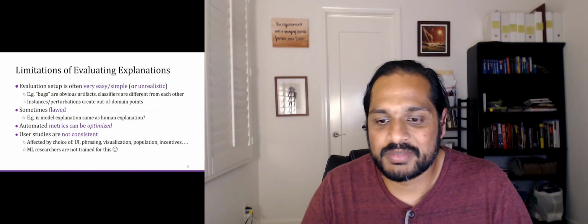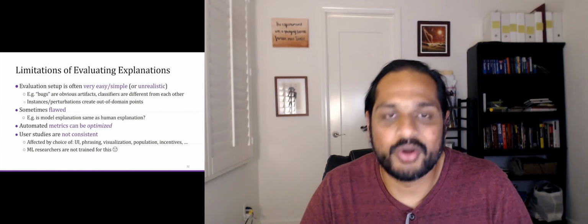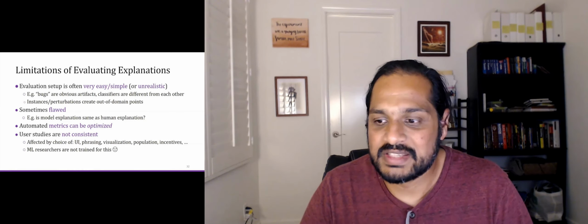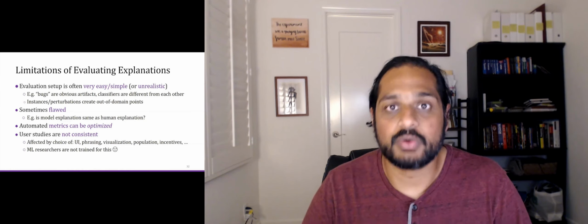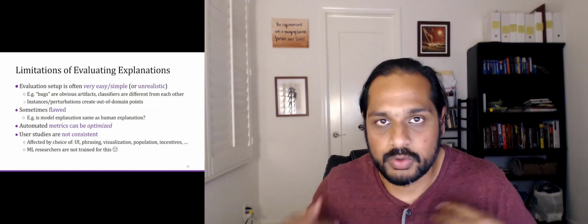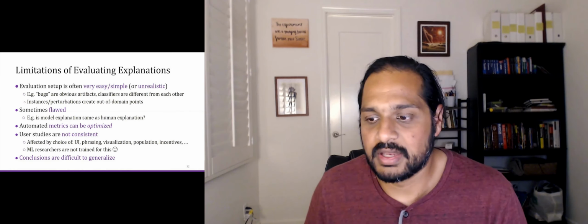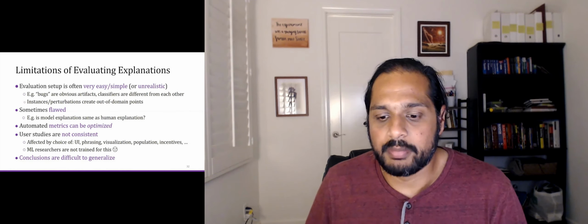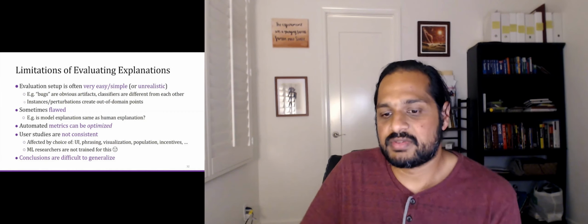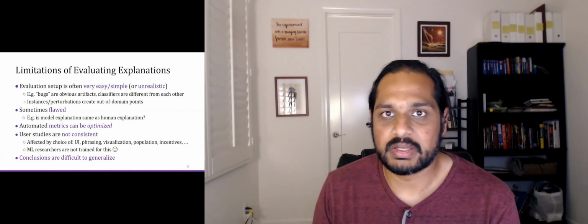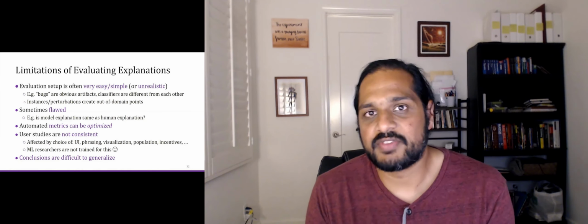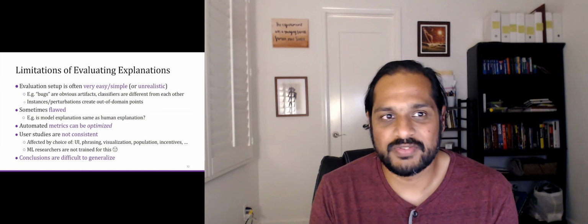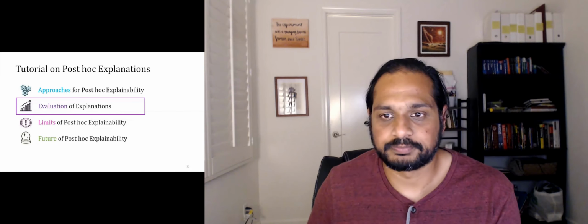Essentially, the problem is that machine learning researchers are not trained for this, and we should be listening more to HCI folks to understand how to do user studies better if we want to make big progress in interpretability. And so overall, because of all of these reasons, the conclusions in many of the interpretability and explainability papers are very difficult to generalize. You never know in your specific case whether it would work or not.